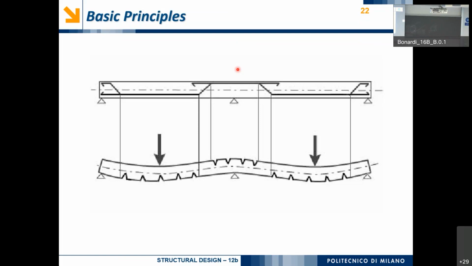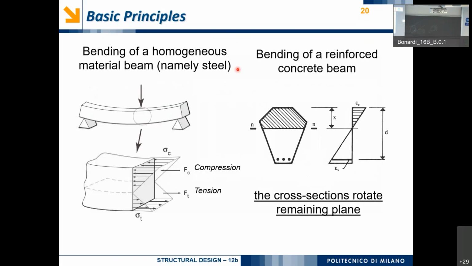But the structure does not fail because there are also the reinforcement bars, which work here and carry the tensile stresses. What I was showing you before was a generic cross section with some part that is working under compression and some part that is not working under tension, with only the rebars providing some stress on the tensile side.